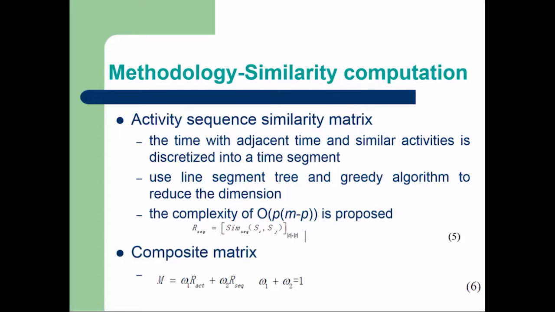An algorithm with lower complexity is proposed on the basis of previous studies of the longest common subsequence problem. The activity sequence similarity matrix is defined as in equation 5. Finally, we aggregate the above two adjacency matrices into a composite matrix M, as shown in equation 6.